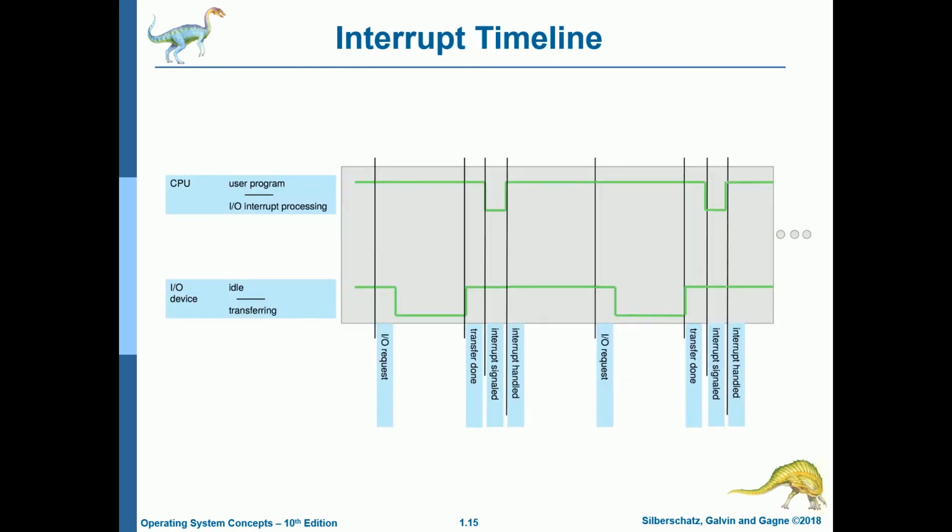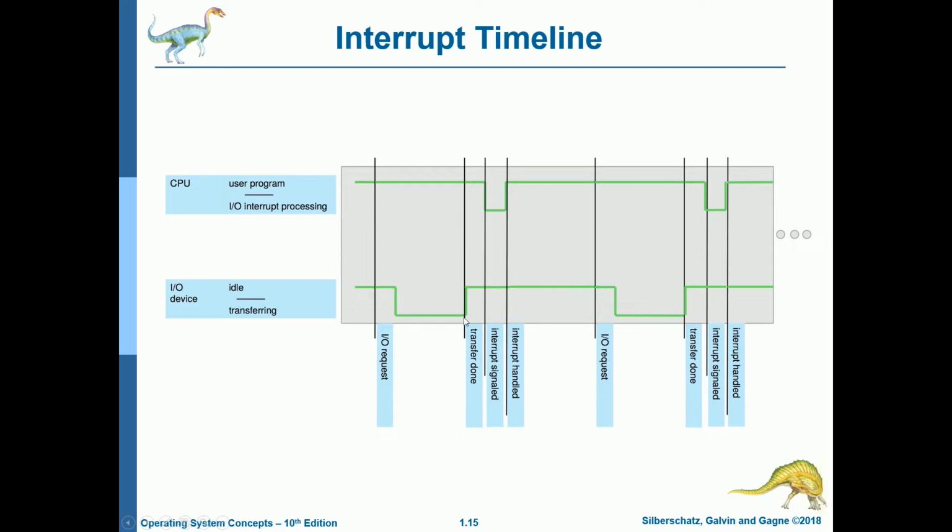Now, one way that you can view this is we have these different devices right here. For instance, we've got our CPU, and as we can see, up here it's running some sort of user program, and down here it's being interrupted by some sort of input and output device. Now, as we can see here, this input-output device is running idly right now until it gets that I/O request. Then it starts transferring the information over, and then it indicates to the CPU that the transfer has completed.